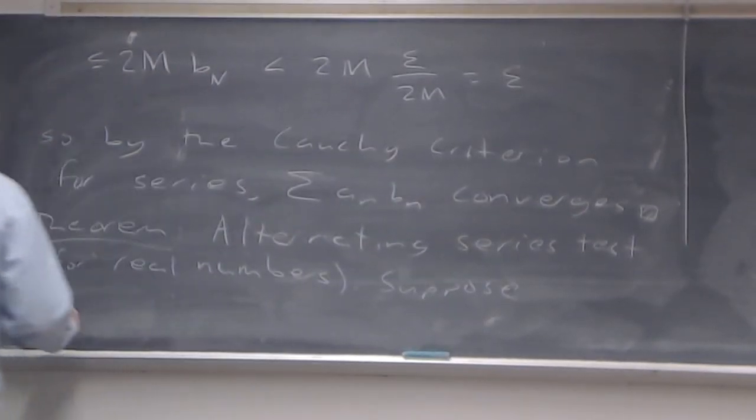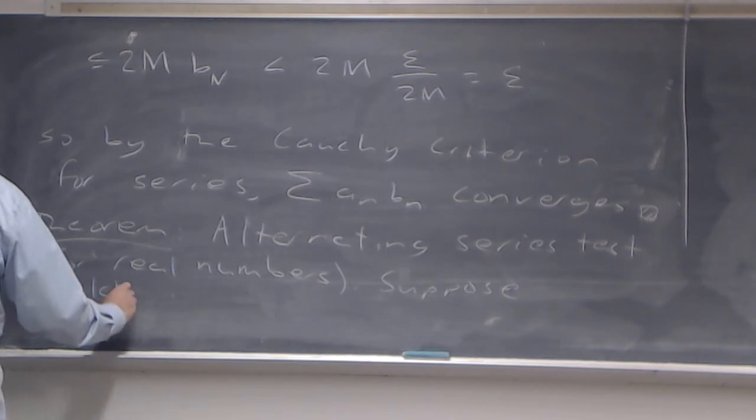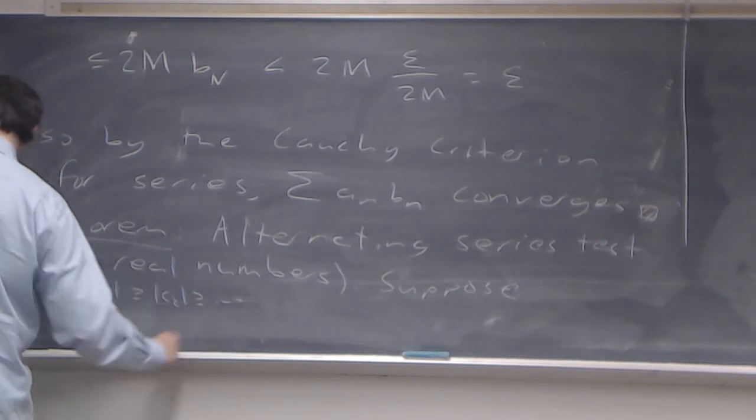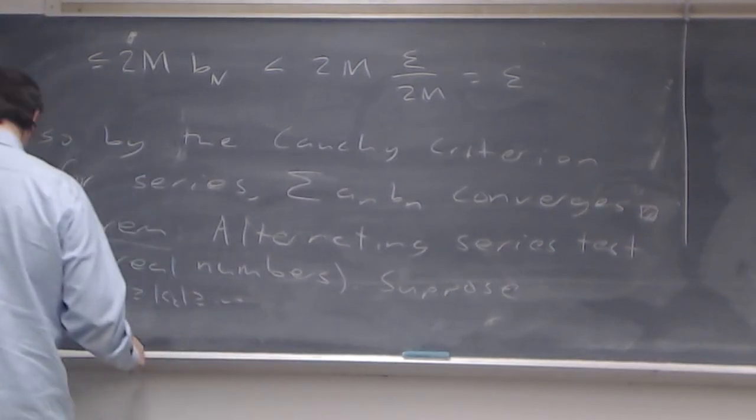First of all, there's three things. The first thing is that the absolute value of C1 is greater than or equal to the absolute value of C2, which is greater than or equal to, and so on forever.